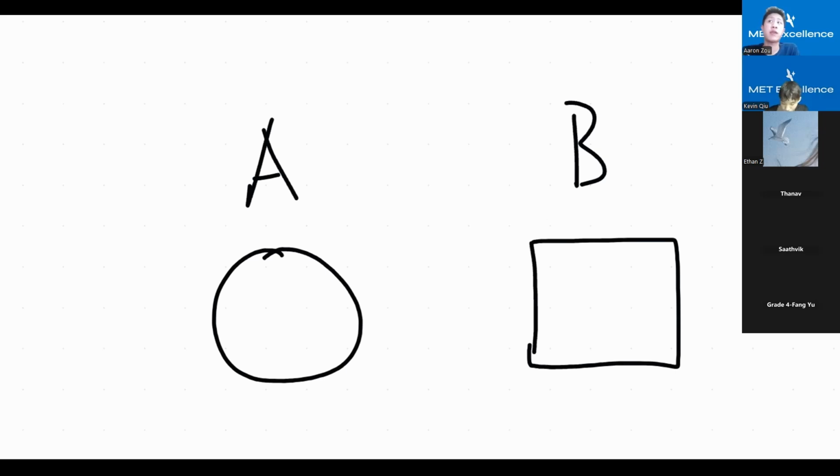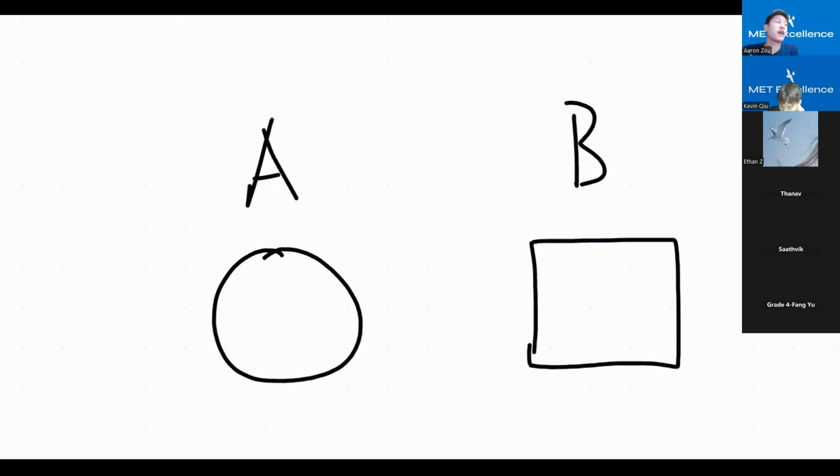So which is bigger, A or B? And remember, the problem says to assume that the circle and the square have the same perimeter. And the answer is actually A.